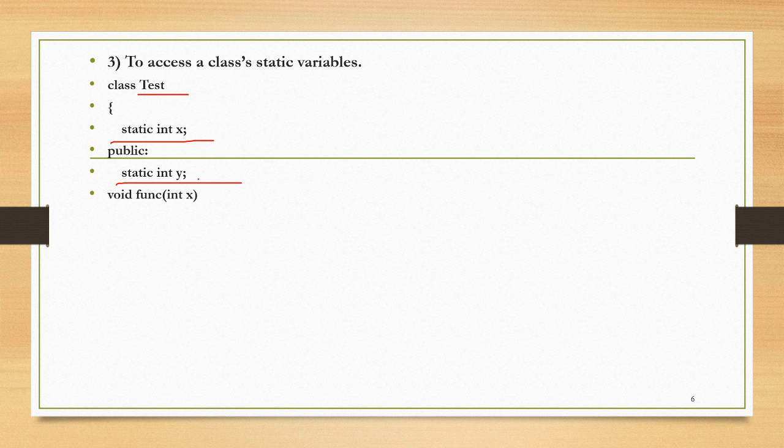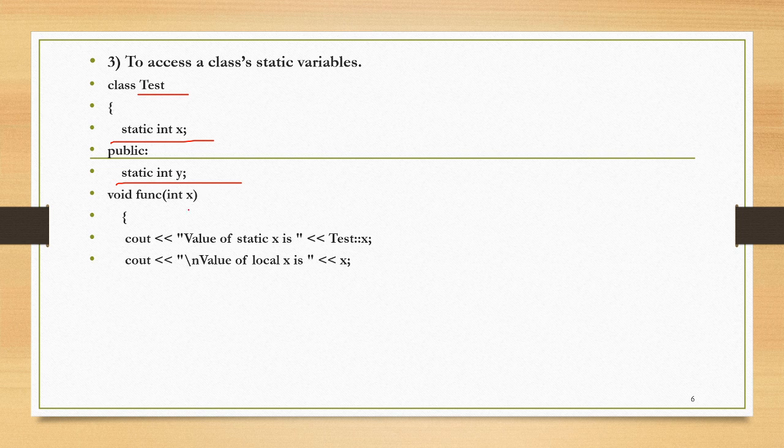This x is private, whereas this y is public, and inside this function, the value of static x is Test scope resolution operator x, meaning this x is accessed over here by using the scope resolution operator, that is double colon, and then the value of local x is x, this x here.